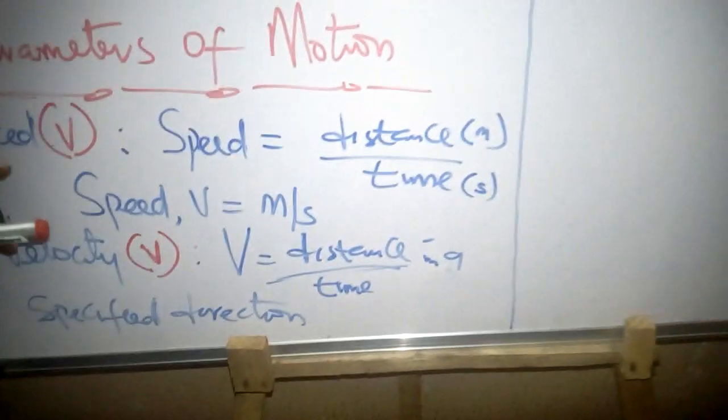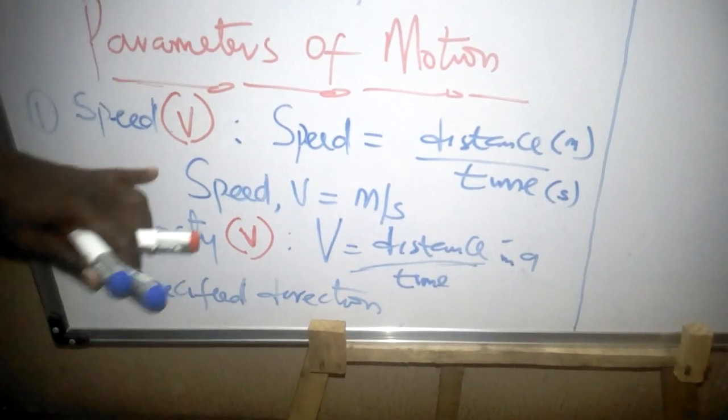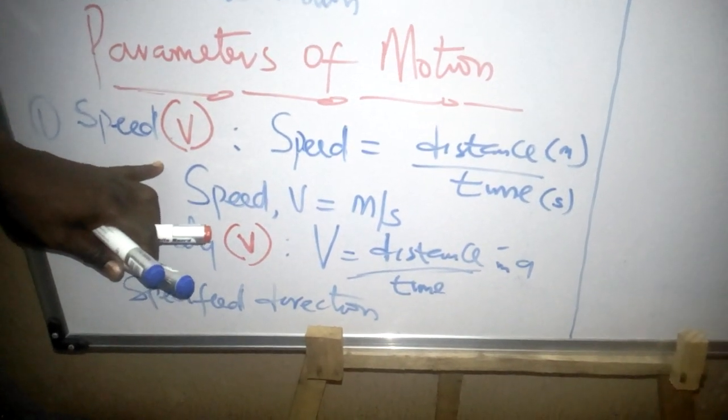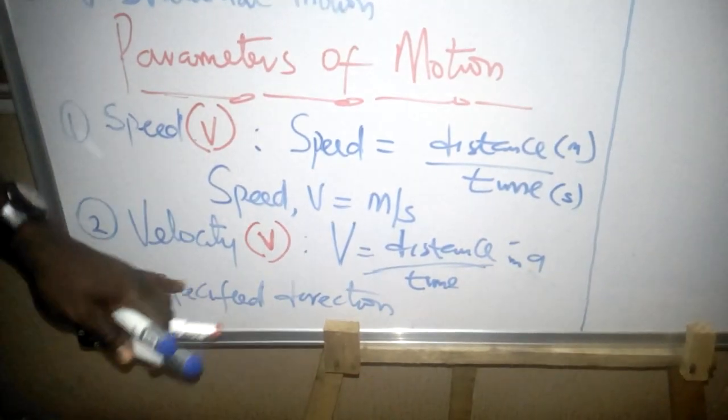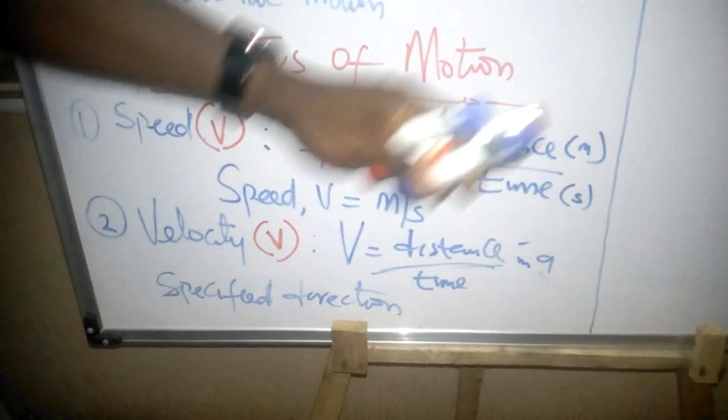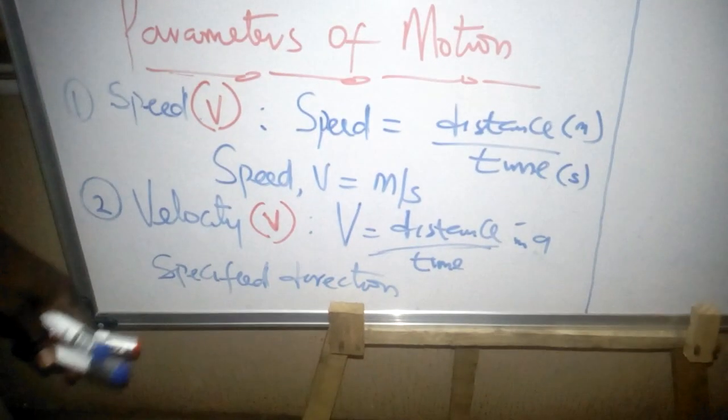So the difference between speed and velocity is that speed is a scalar quantity, but velocity is a vector quantity because it is specified in a direction. Do you understand it?